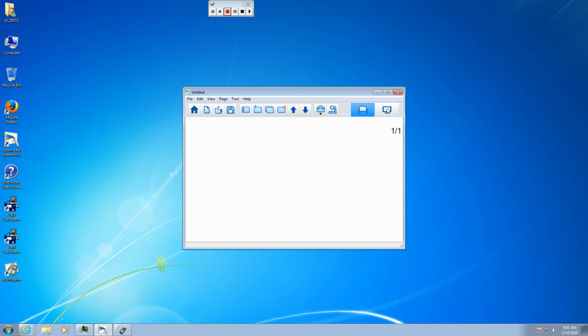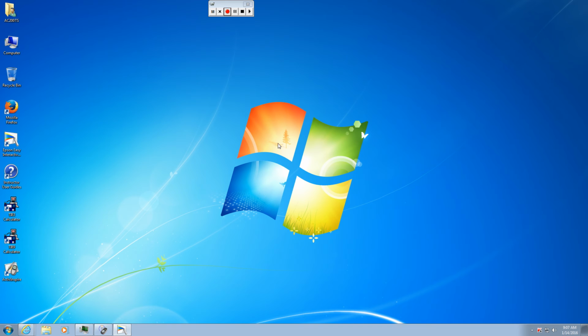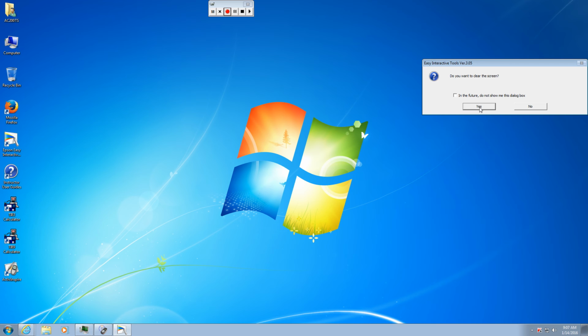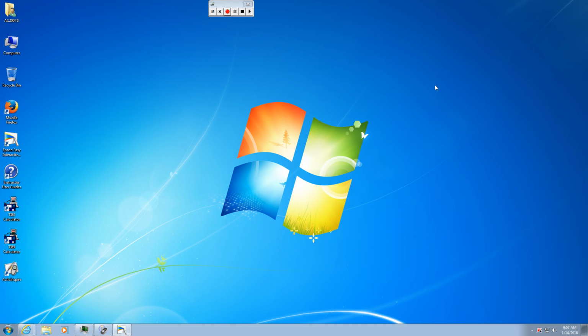See, this is whiteboard and this is transparent, so I can still write. It should be clearing the screen, but it's not. So I'm just going to have to work with it. I don't understand what's happening. I was in this classroom all day yesterday and didn't have this problem at all.